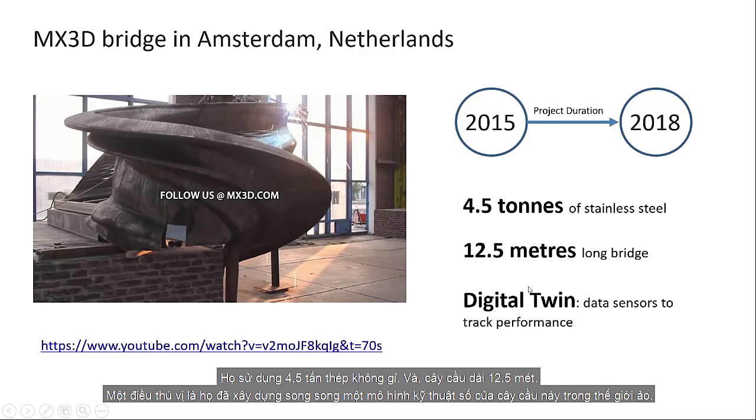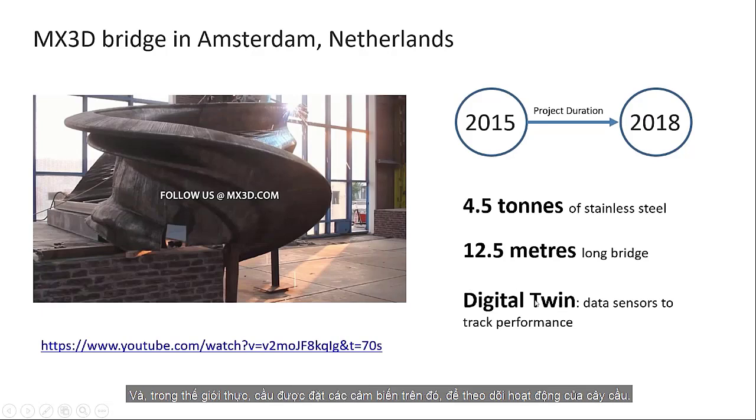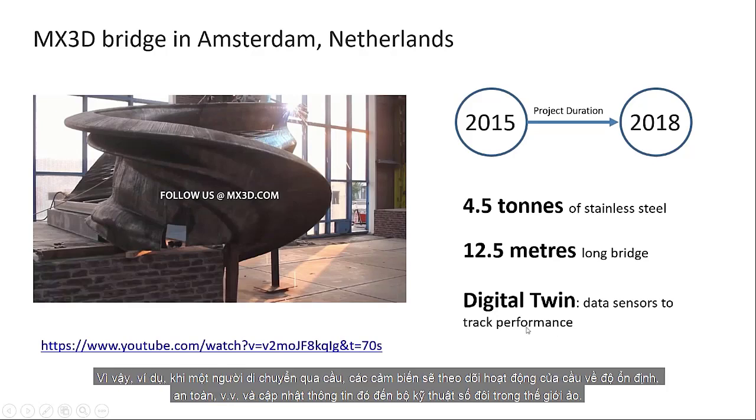One interesting thing is they constructed a digital twin of this bridge in the virtual world, and in the real world bridge they put sensors to track the performance of the bridge. So for example, when people move across this bridge, the sensors track the performance of the bridge and update it in real time to the virtual world digital twin.